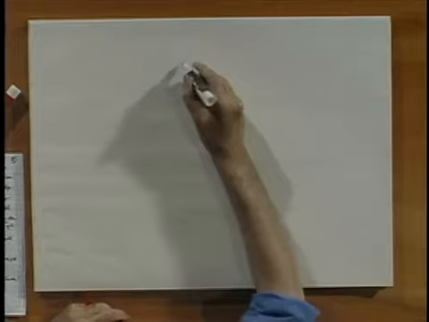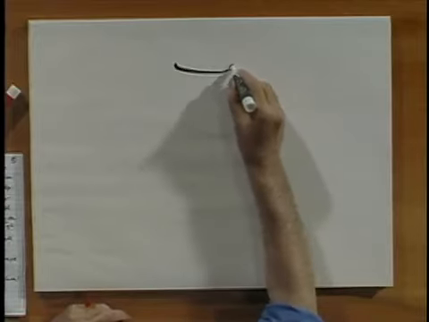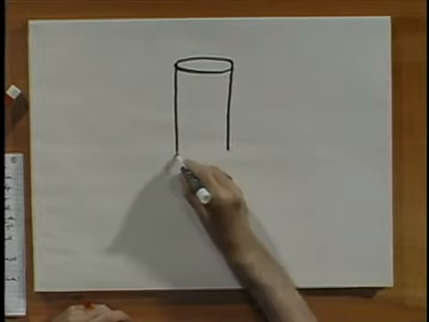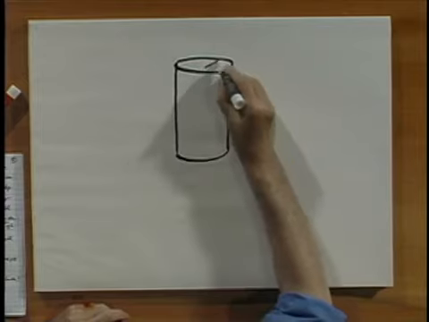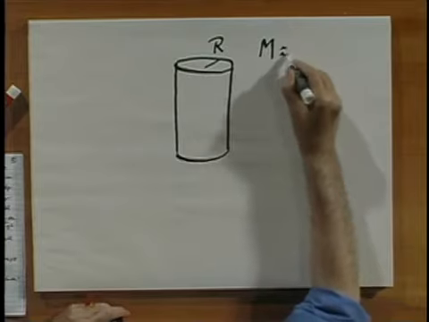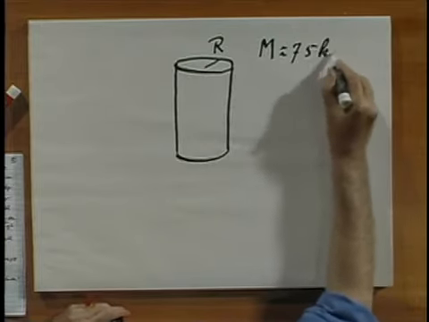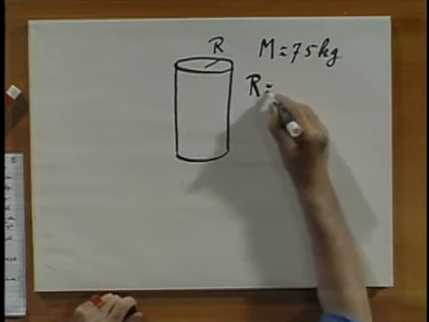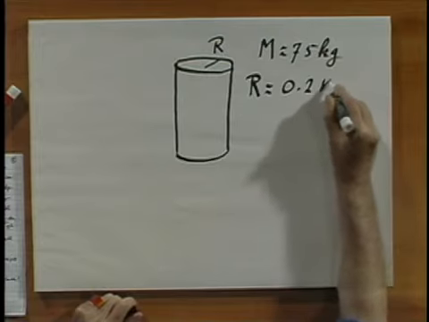Okay, I'm very curious to know what model you came up with to estimate roughly the moment of inertia for an object which is spinning around. I'm going to propose a cylinder, so I approximate the human body by a cylinder with radius r and mass m. The mass is about 75 kilograms, not an unreasonable mass for a person, and let the radius of the cylinder be about 0.2 meters, about 20 centimeters.